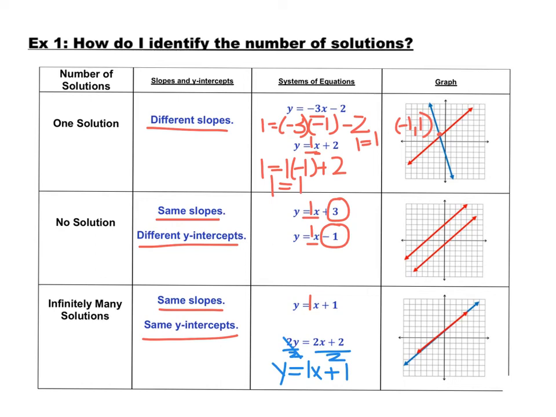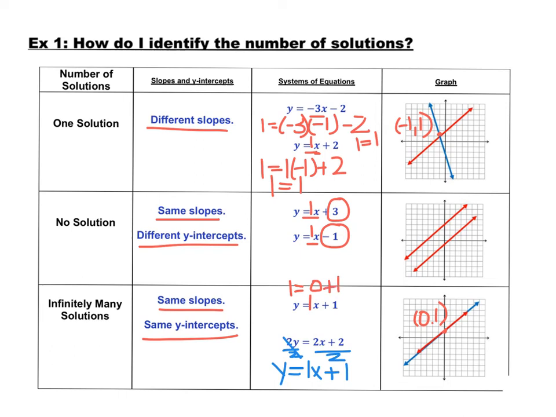And so you could pick any point on this line and plug it into both of these equations and it's going to work. Let's take an example. We'll take this point right here, 0, 1, and plug it in. My x would be 0 and my y would be 1. Is 1 equal to 0 times 1 plus 1? Yeah, 1 is equal to 1.